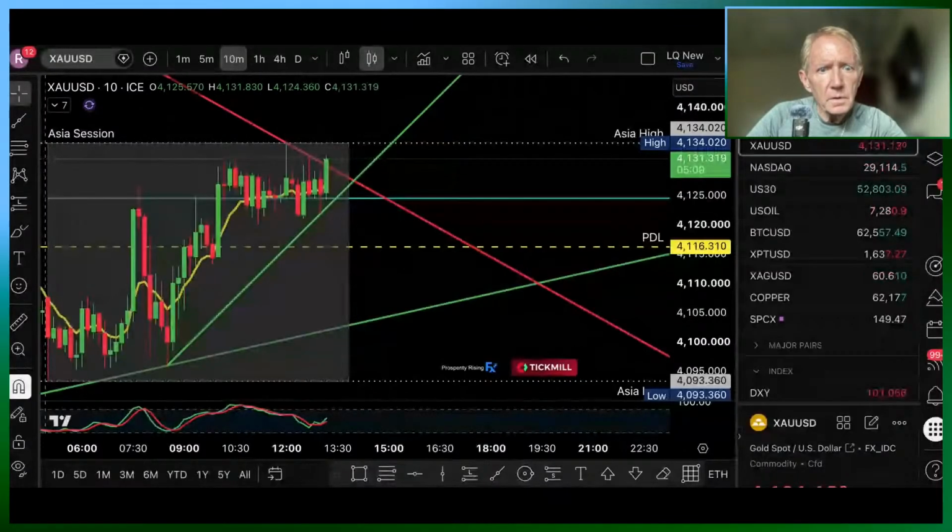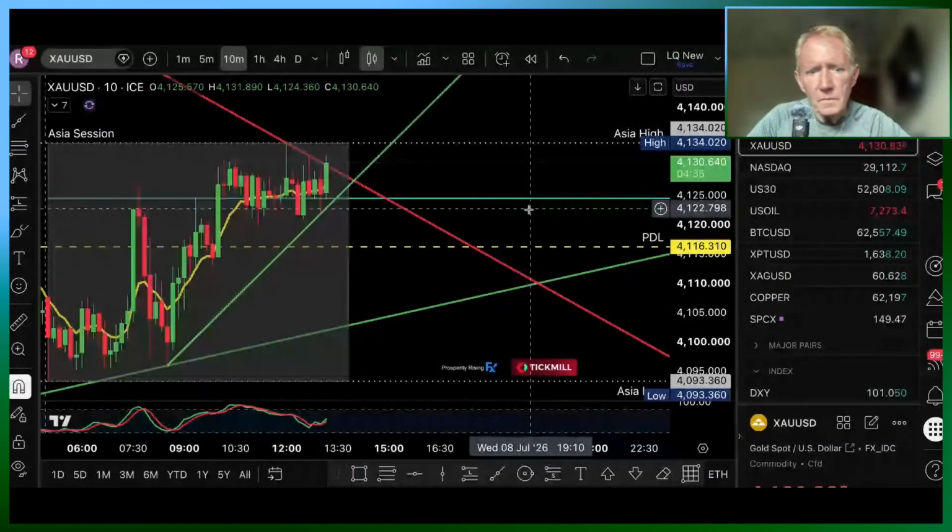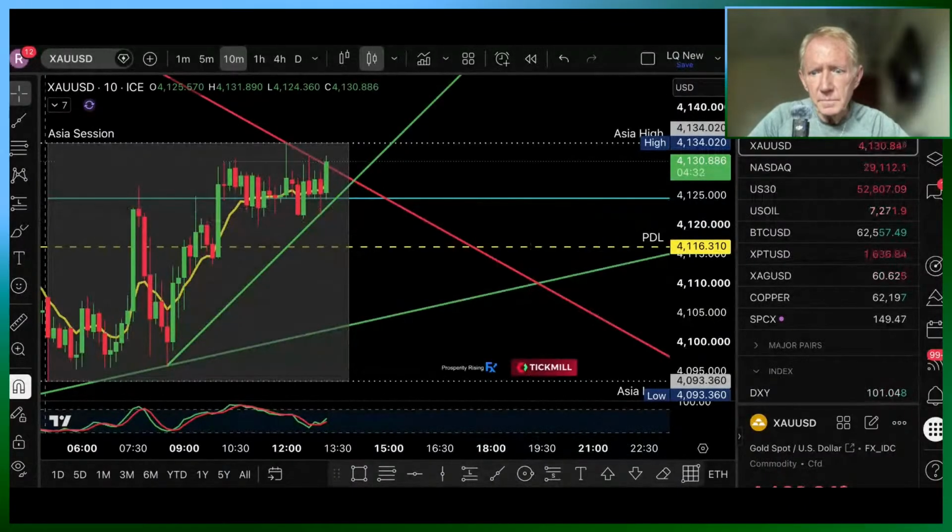Very bullish candle. And we are above that.